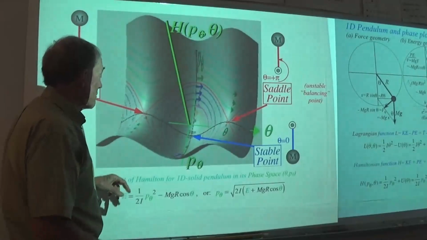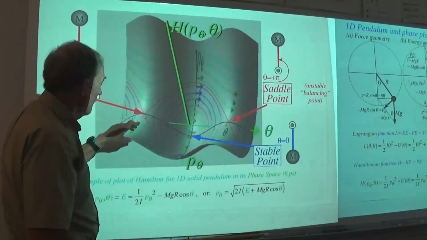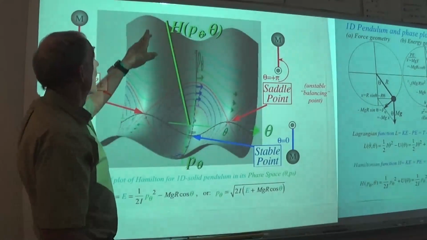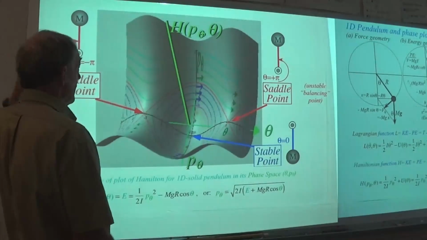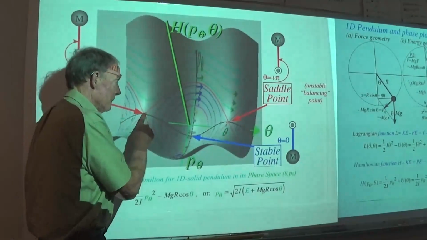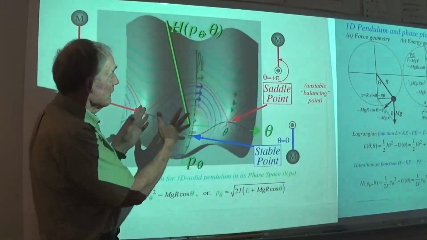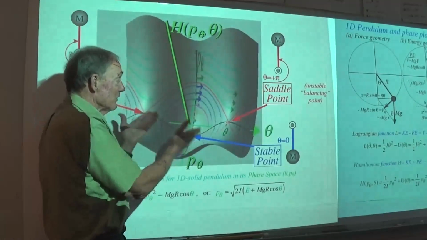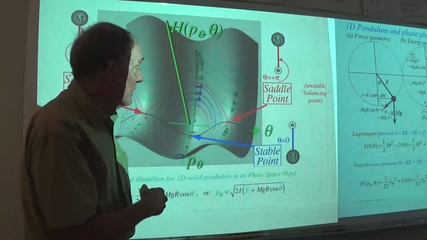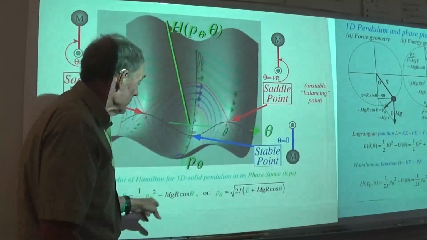Okay, and then there's another ridge right here that never comes down. That's its bottom. That's a saddle point. Okay, so there's this topology of an anharmonic oscillator. That's what we're dealing with in this Hamiltonian.